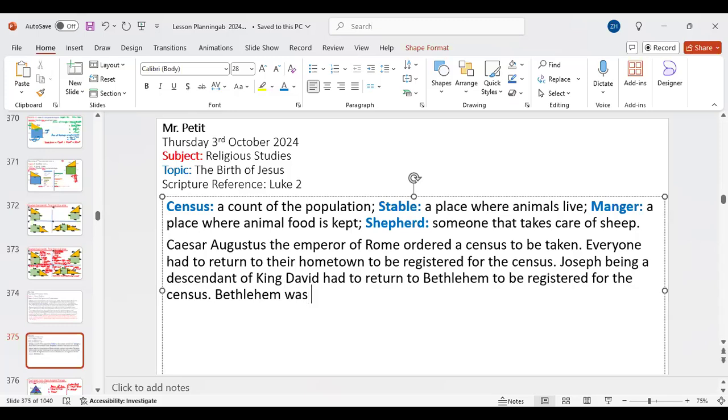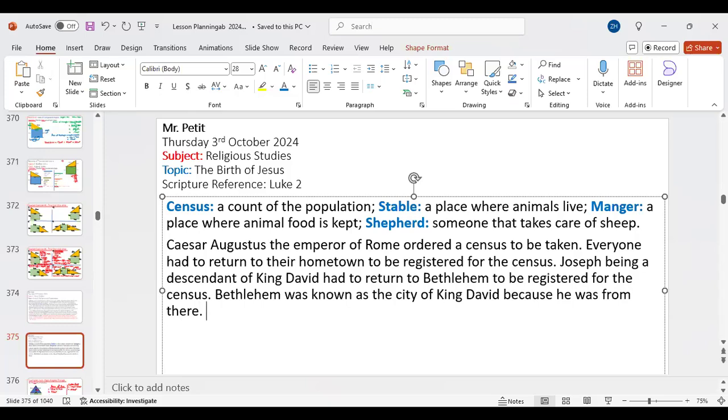Bethlehem was known as the city of King David because he was from there.